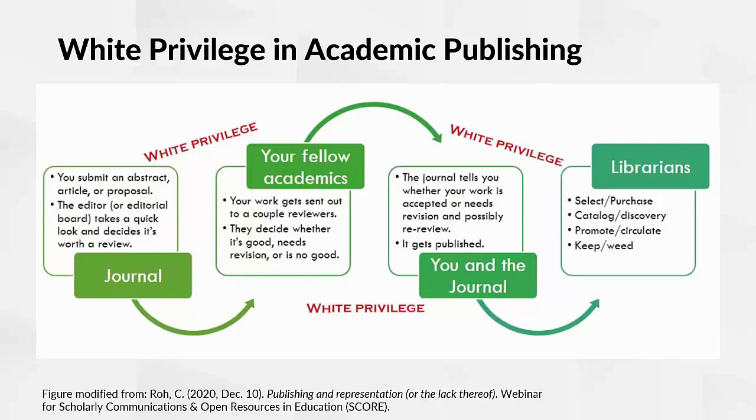We're selecting, purchasing, cataloging, circulating, and also deciding whether something is kept or discarded, or whether it's outdated for whatever reason, or needs space in the library and we're getting rid of it. Or maybe it's financial too. Remember, in terms of profit, it's extremely expensive to subscribe to many of the resources that we have.